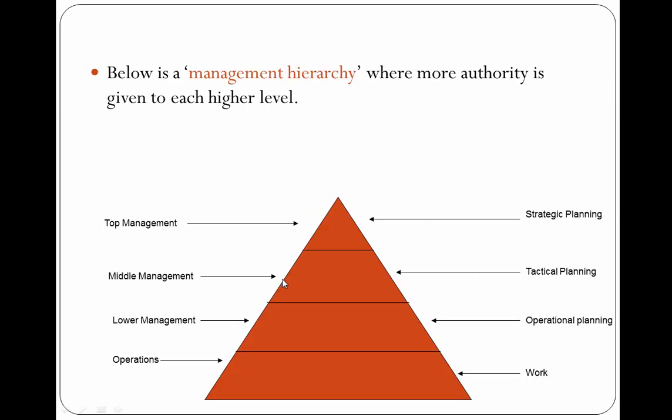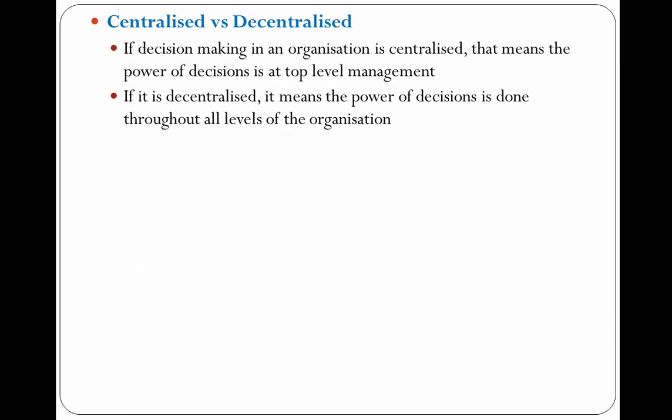So that means that decisions can be made throughout the entire organisation. It's not just the senior managers that are making the decisions. Lower managers and sometimes the workers are able to make decisions within the organisation. So that's the difference between centralised and decentralised in terms of management structures.